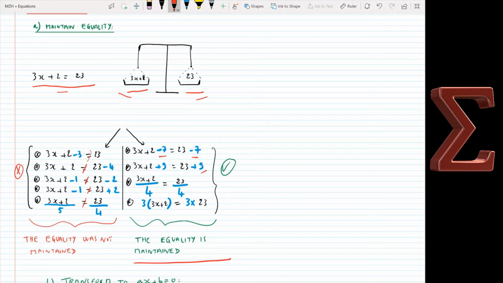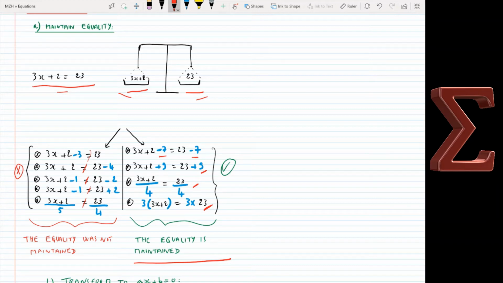Similarly, if I add a value on both sides of the equation, the equality is maintained. The same way, if I divide both sides of the balance by a given number, then the equality is still maintained. And last, if I multiply both sides by the same number, then again the equality is maintained. If you keep the balance mental model, these will make sense.